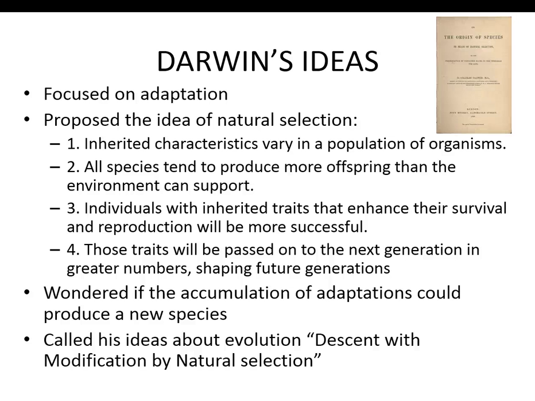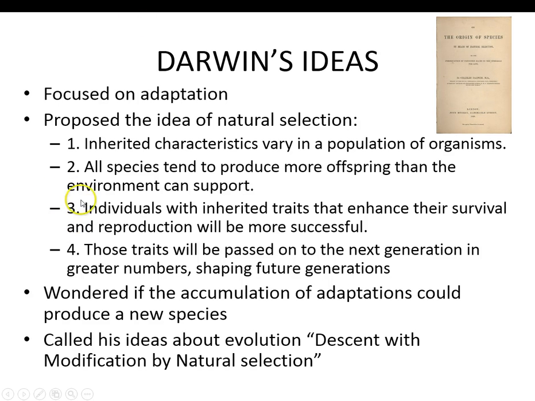The second thing is that all species tend to produce more offspring than the environment can support. This is important because at some point there's going to be competition. And when you have competition, that means you have winners and losers. So if you have a genetic characteristic that provides you an advantage in that competition, you're more likely to survive.